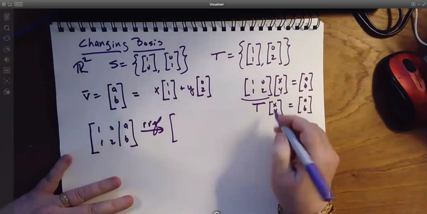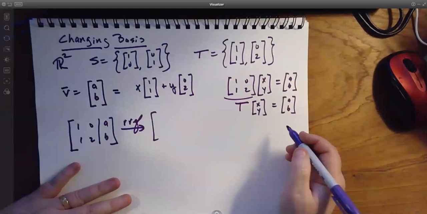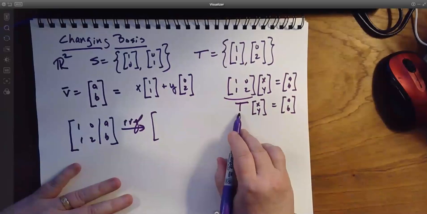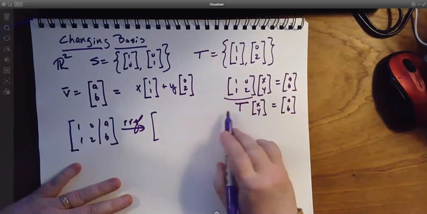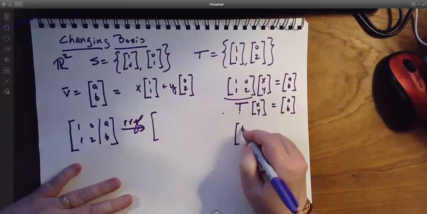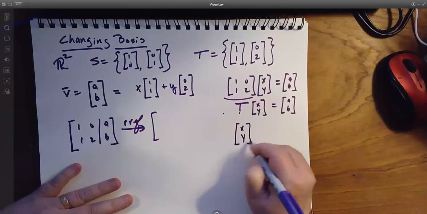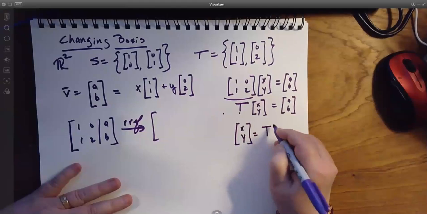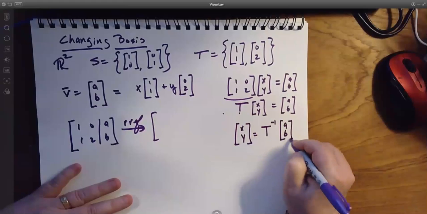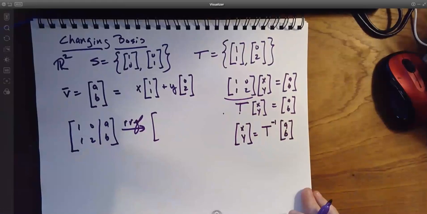And yes, it happens to be diagonal, an unfortunate coincidence that I picked that one. So I can hit both sides with T inverse, and T inverse times T gives me the identity. So I will have (x, y) equal to T inverse times (a, b), which gives me my answer.